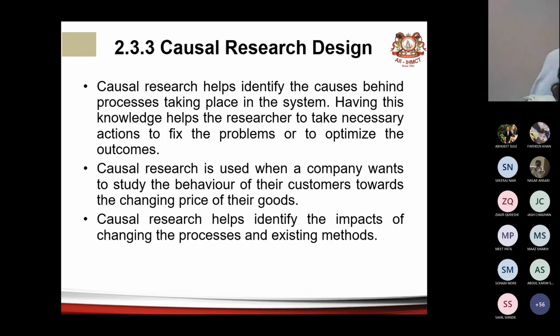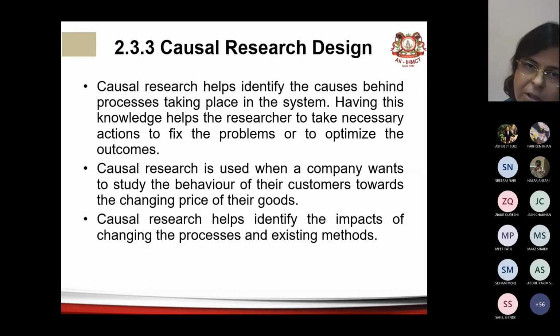Causal research helps identify the causes behind the processes taking place in the system. As simple as that. Having this knowledge helps the researcher to take necessary action to fix the problem or to optimize the outcome. This is a very focused kind of research. Okay, fine. Causal research is used when a company wants to study the behavior of their customers towards the changing price of their goods.